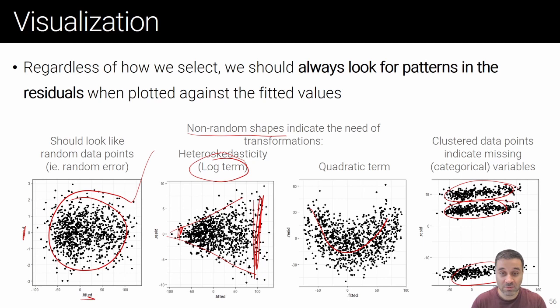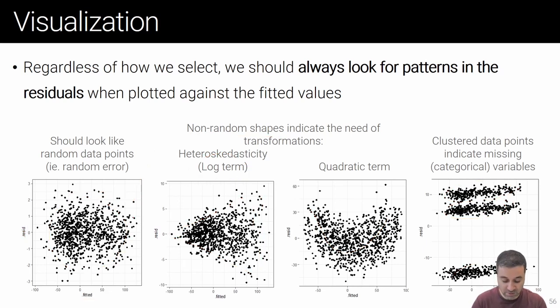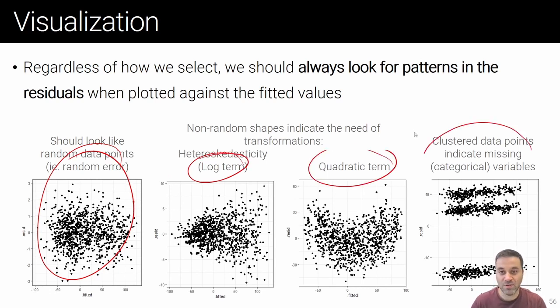So always, regardless of how you select the model, always plot residuals by fitted value. It should really look like a random cloud of points, something like in here. If it doesn't, then probably we need to change the model in a specific way through transformations, quadratic terms, which is another transformation, or additional variables that we're missing.